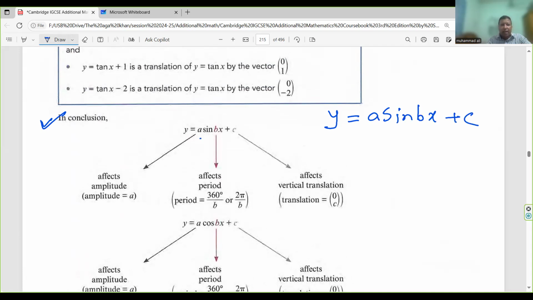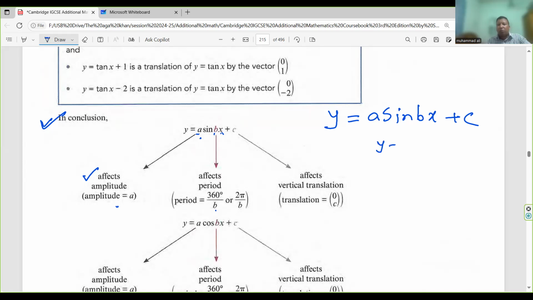So this a affects amplitude. Here amplitude will be a, the multiplier of sin x. The b, the coefficient of x, affects period. So the period will be 360 degree divided by b, or 2 pi divided by b.